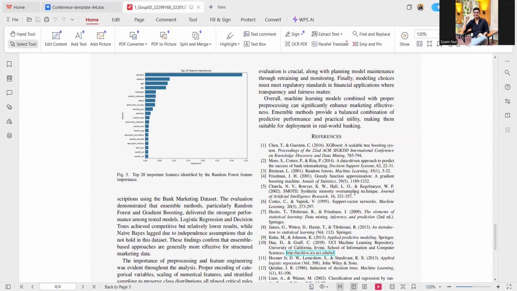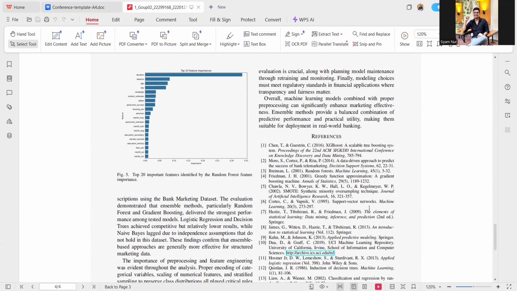In practical terms, we recommend that banks start with ensemble classifiers like random forest or gradient boosting as strong baselines. Investing in high quality pre-processing pipelines and establishing a robust model retraining and evaluation framework will be essential for maintaining performance over time and adapting to shifts in customer behavior.